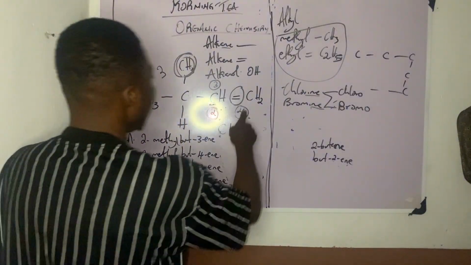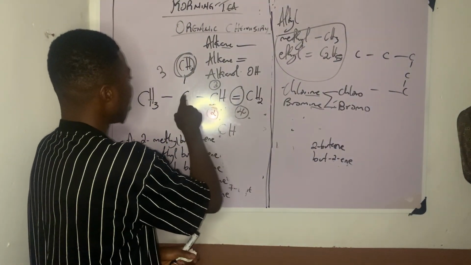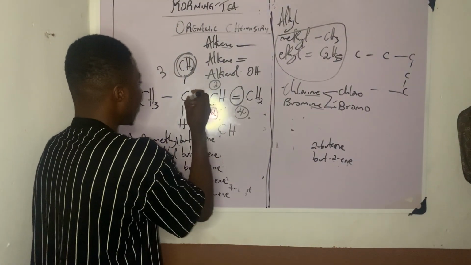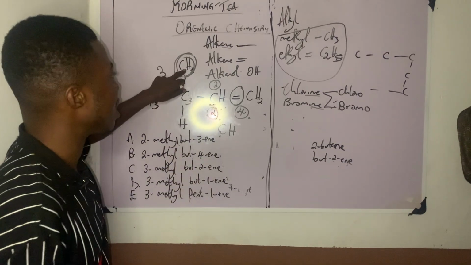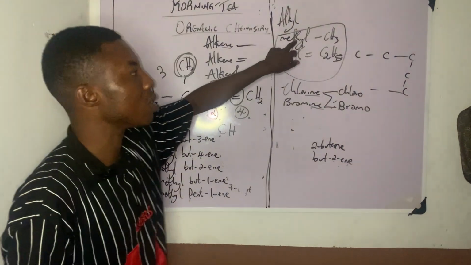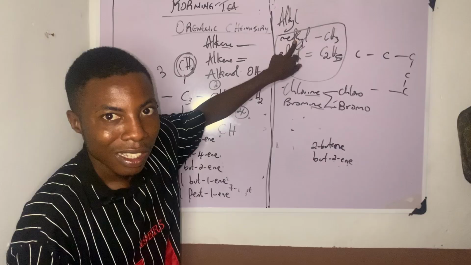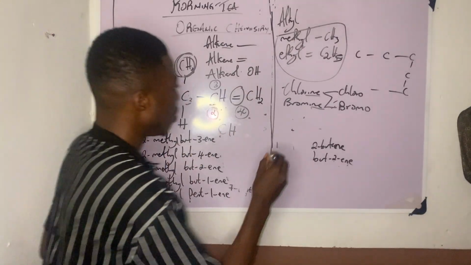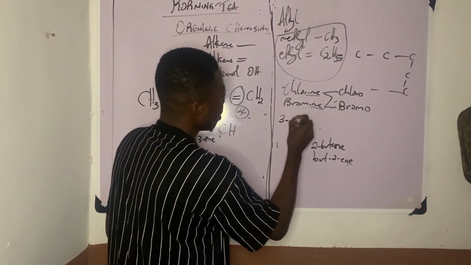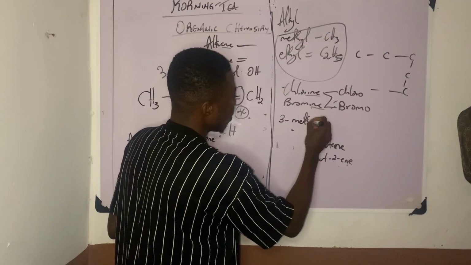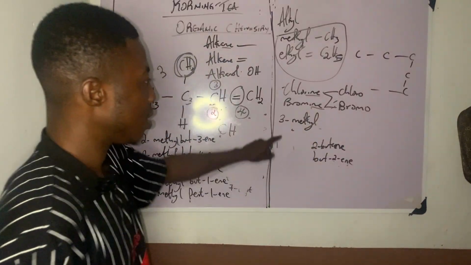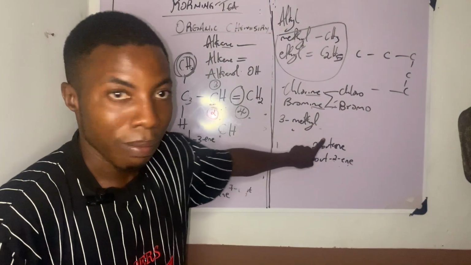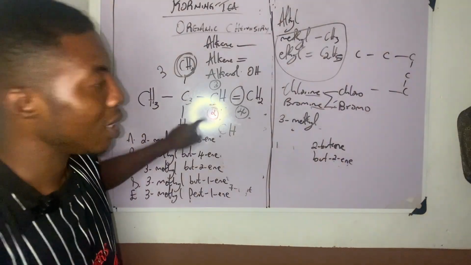So we count like this: 1, 2, 3. We saw it at 3. And what's the name of this attachment group? This is CH3. It is methyl. So when we want to name, we will start with 3-methyl, because we saw it at number 3.